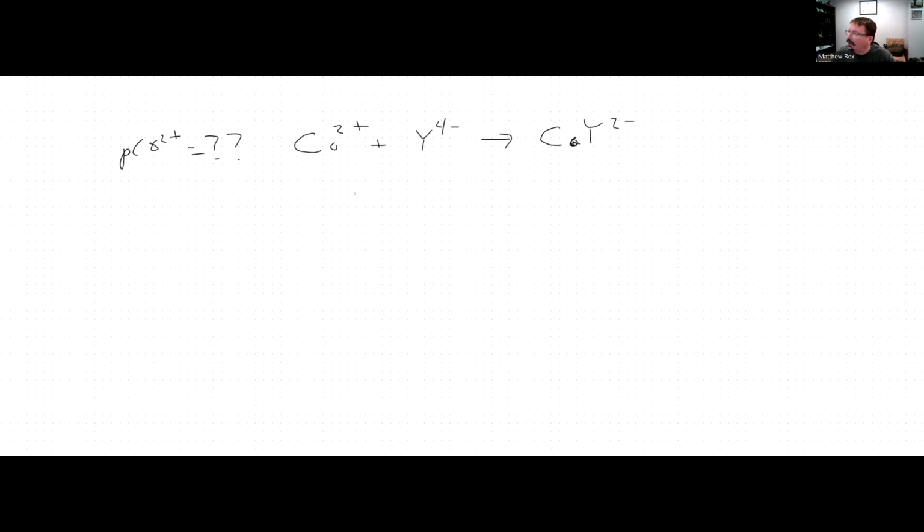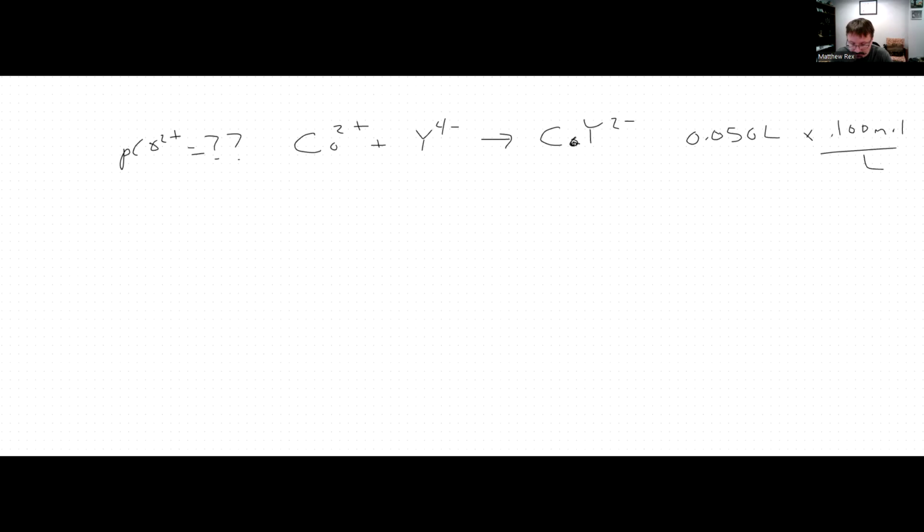We need to figure out how many moles of this cobalt-EDTA complex we'd make. So we have 50 milliliters of this 0.1 molar cobalt solution.